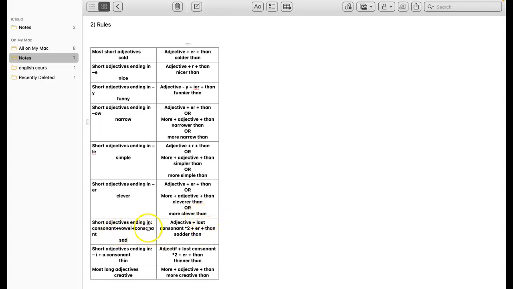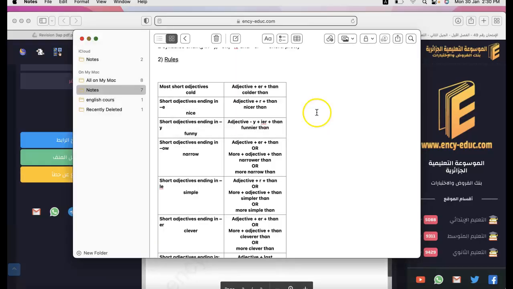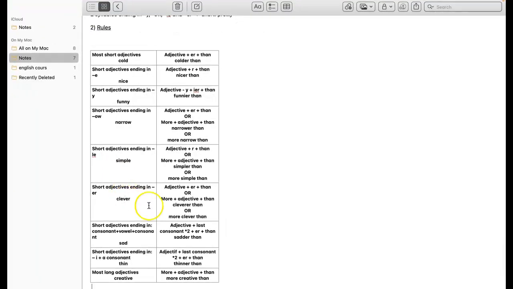Short adjectives ending in consonant plus vowel plus consonant, for example, sad. So let's go back here. We use the adjective plus the last consonant twice plus er plus than.